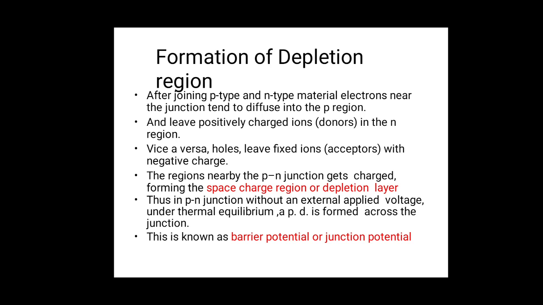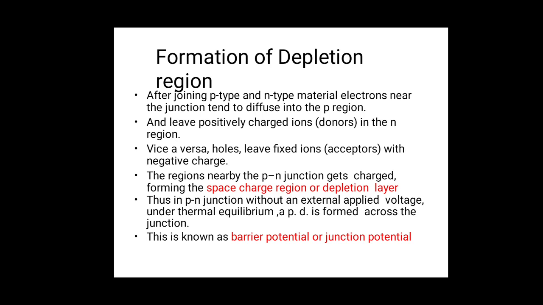See here. So what happened after joining p-type and n-type material? The electrons which are available in the n-type tend to diffuse into the p-type, and they leave positively charged ions in the n region.